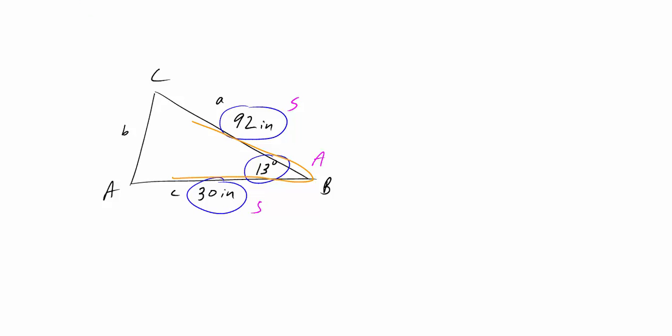If we're trying to find the area, it's simply going to be 1/2 the two sides multiplied together, which would be 92 multiplied by 30, and then that's multiplied by the sine of the angle, in this case the sine of 13 degrees.